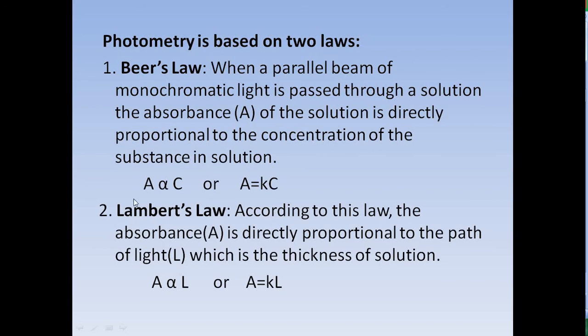A is directly proportional to C, or we can write A equals KC, where K is a constant. Now Lambert's law. According to this law, the absorbance or optical density is directly proportional to the path of light, which is the thickness of the solution.